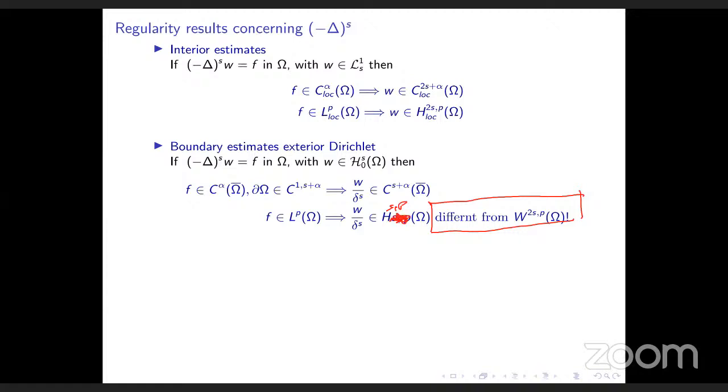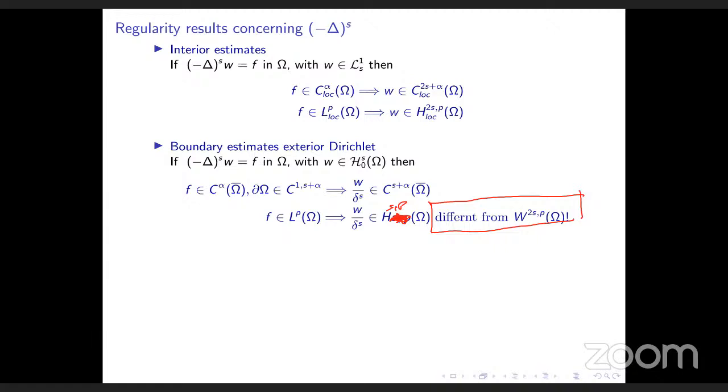So this is the LP theory for the fractional Laplacian, and we are very different from W2,p. In fact, the solution cannot be in W2,p. There are counterexamples. In fact, the explicit solutions for the ball show that you can never have W2,p.